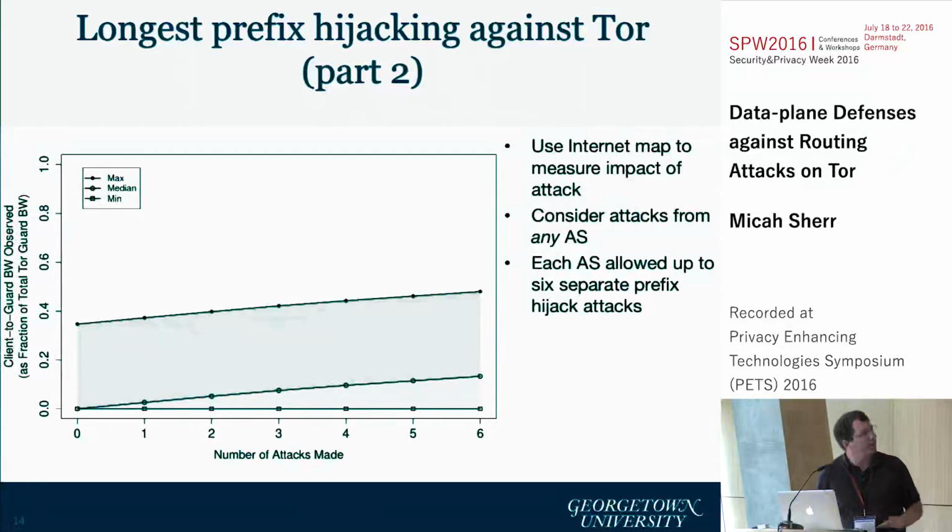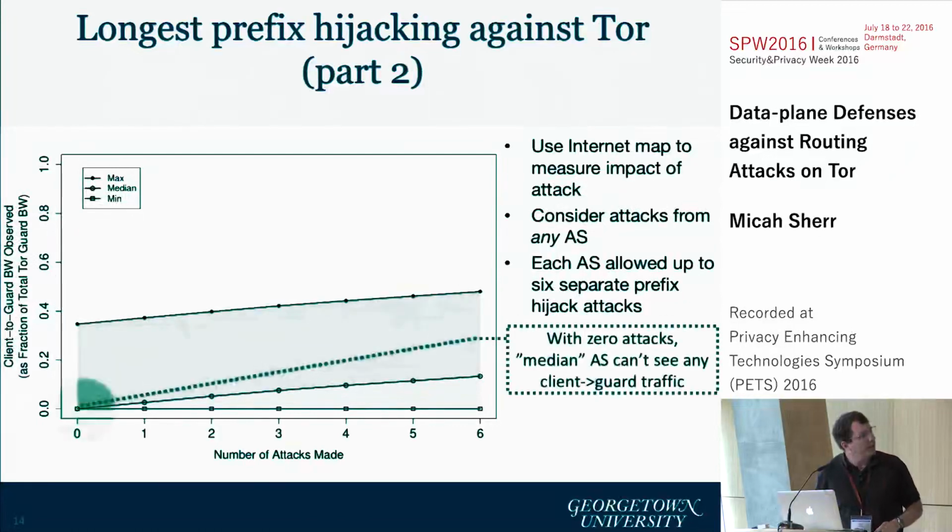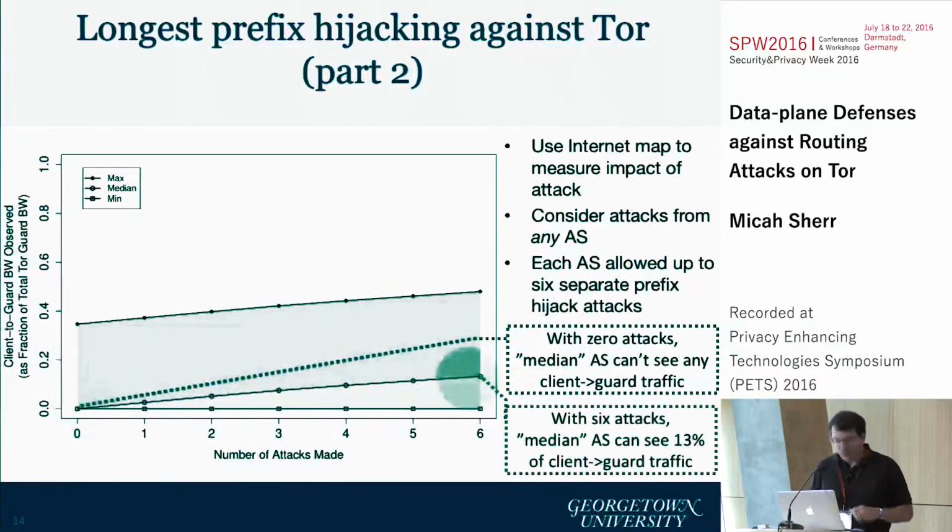You notice that without attack, the median AS can't see any client to guard traffic. The bars here are the range from the best case to the worst case. But with only 6 attacks, your average Joe autonomous system can see 13% of client to guard traffic. So that's an increase of about 13%.